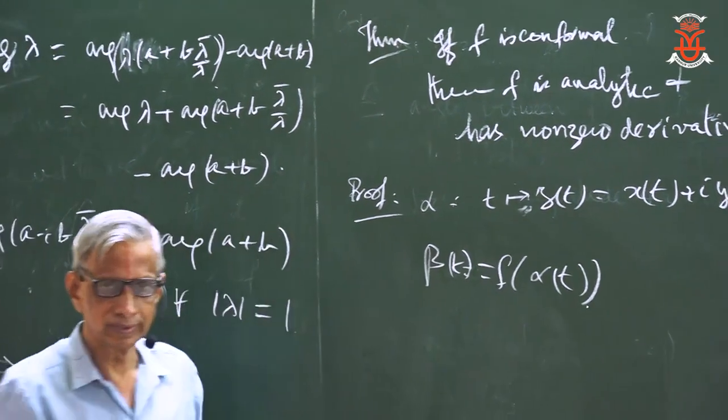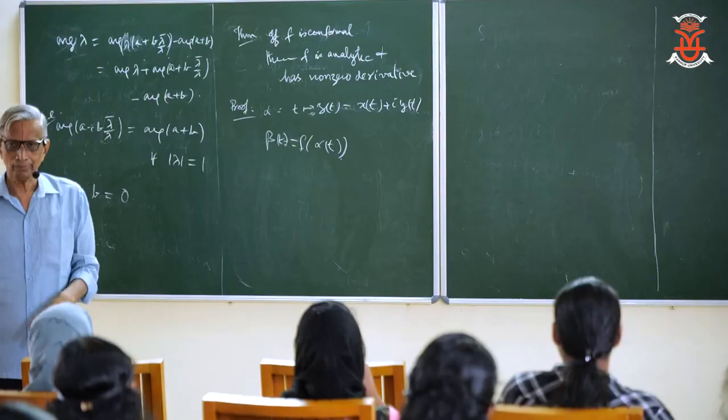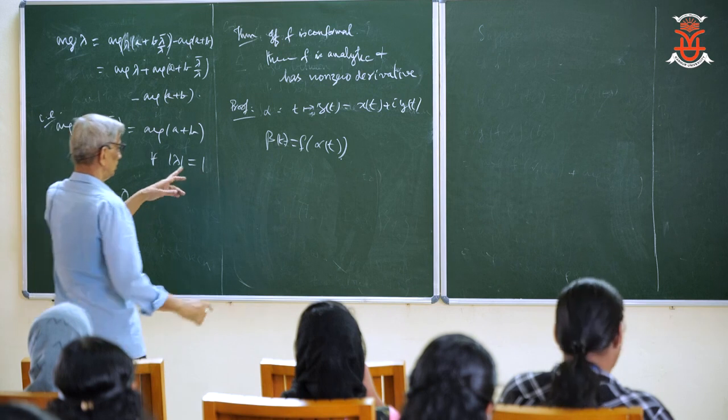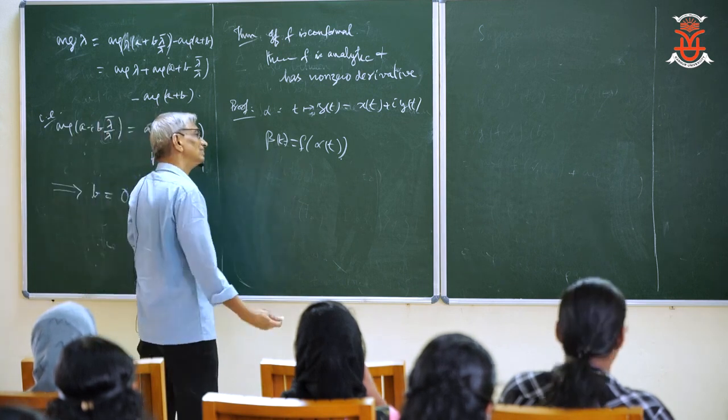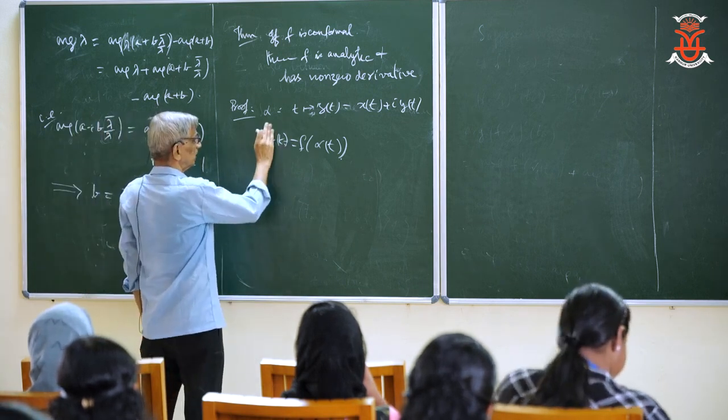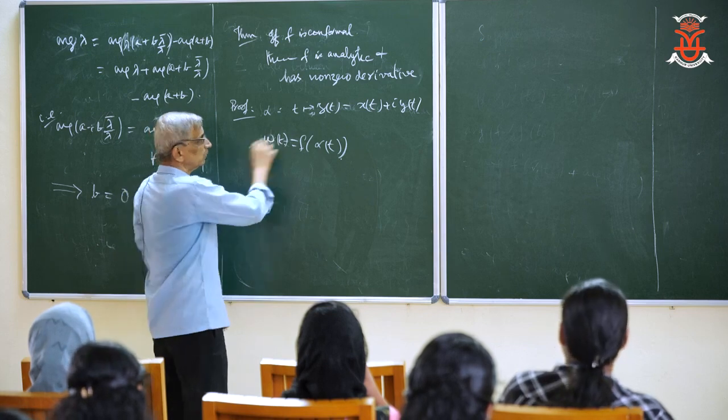This is the image curve. You can call it w(t) if you want, t going to w(t).